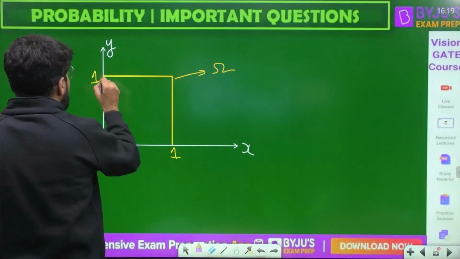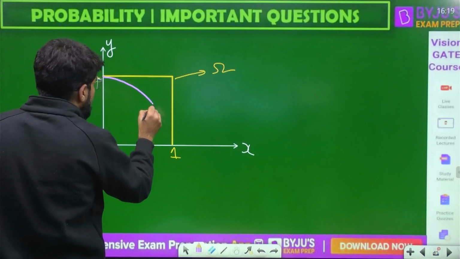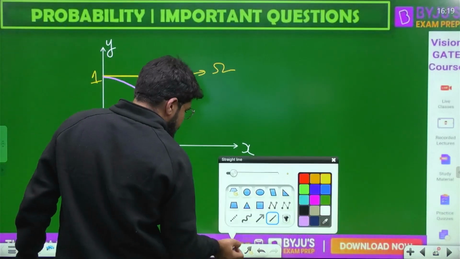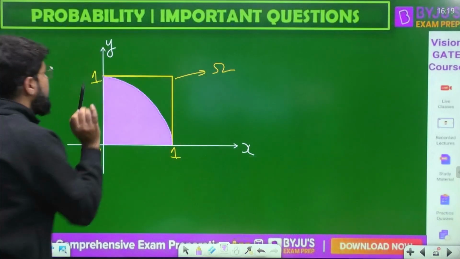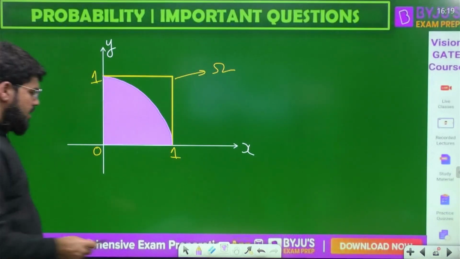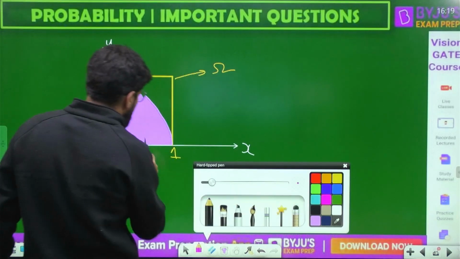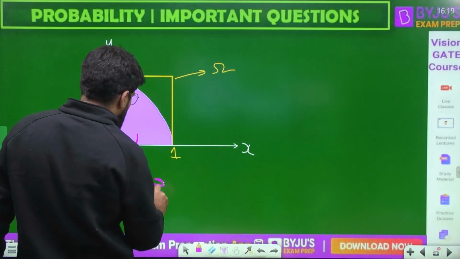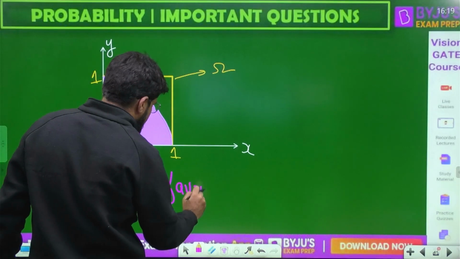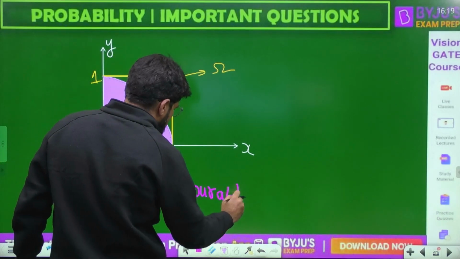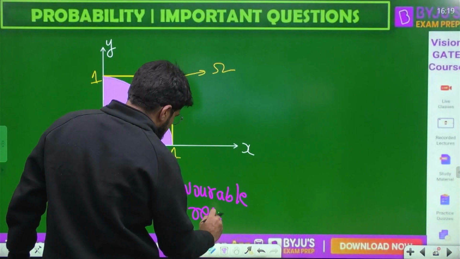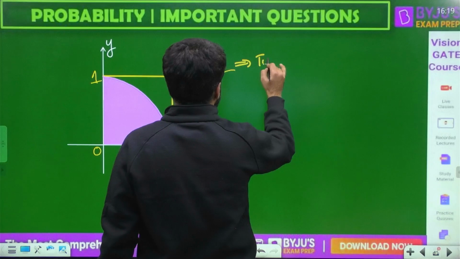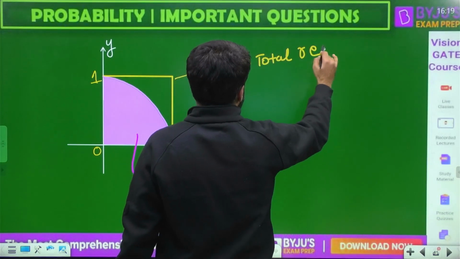This is my favorable region, and omega represents the total region from where x and y can be selected.